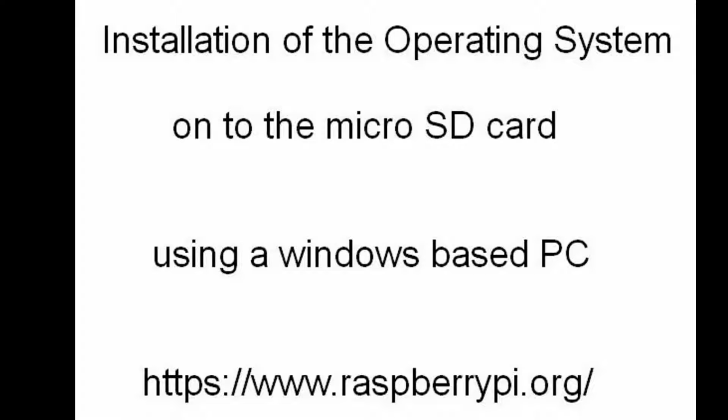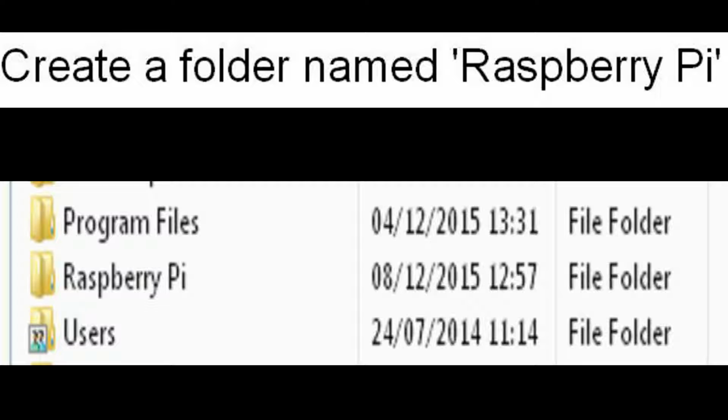We now move on to the installation of the operating system onto the micro SD card. This is using a Windows-based PC. Firstly, create a folder named Raspberry Pi on your PC.